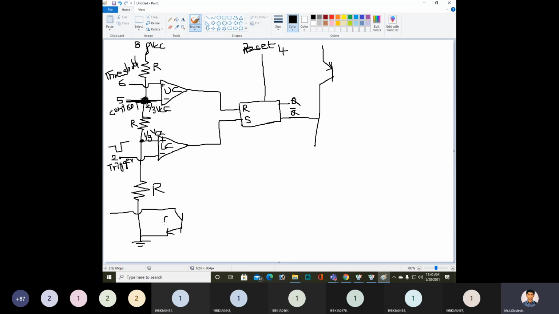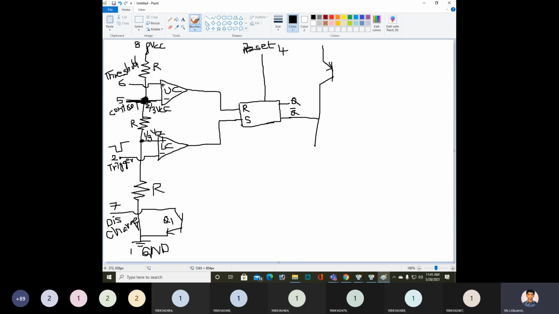This is the Q1. Here is the 7th pin, discharge pin. It is the ground. Ground is nothing but pin number 1.